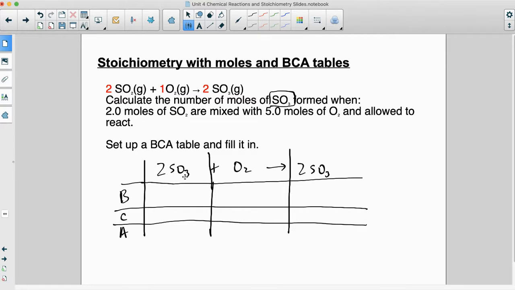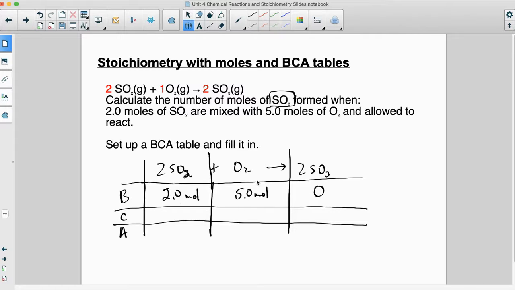We're going to start off by putting the number of moles. For SO2, we have 2.0 moles. For the oxygen, we have 5.0 moles. And we have 0 here. As always, we need to figure out the limiting reactant. I want to look at my ratio, 2 to 1.